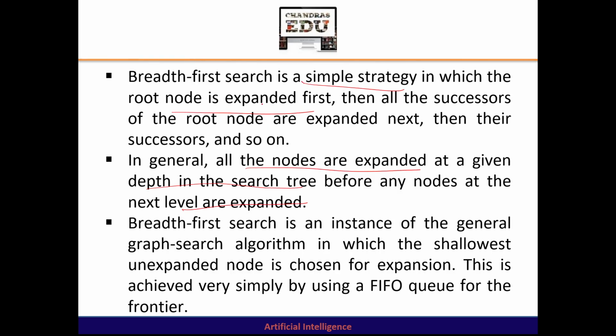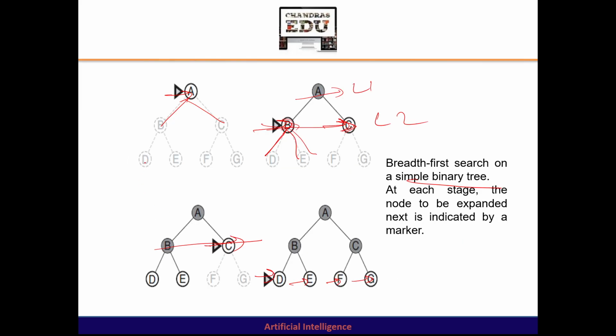Next, it is an instance of the general graph search algorithm, in which the shallowest unexpanded node is expanded first. Shallowest unexpanded node means, as we have seen in the last example, first level 1 A is covered. The shallowest element is the next level, so B will be covered.